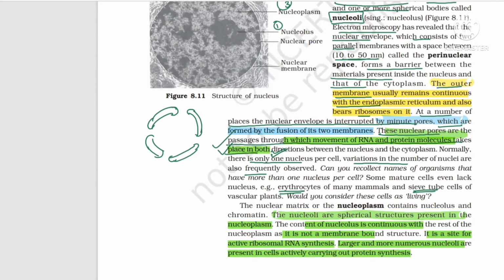This much is clear. Now I told you that when the cell is ready for division, during prophase, the nuclear membrane, nucleus, everything disappears. When everything disappears, what are you finding? You're finding chromosomes in place of the nucleus.